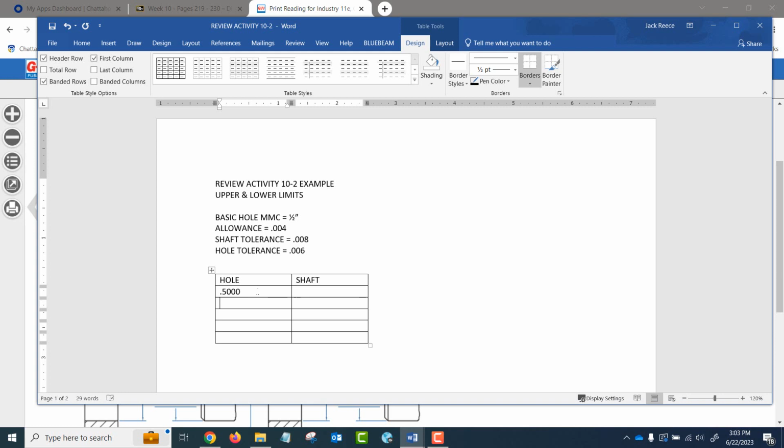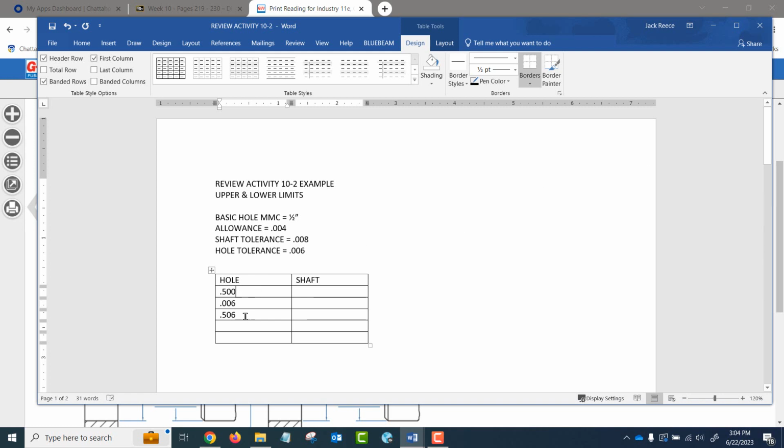And remember, most material condition of the hole means that's the smallest possible hole. So I add the 0.006 to that, and that gives me 0.506. I didn't need to put that thousand there.